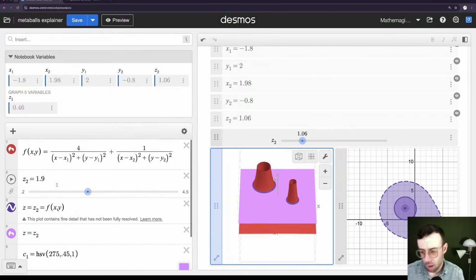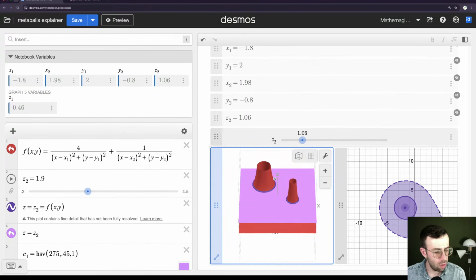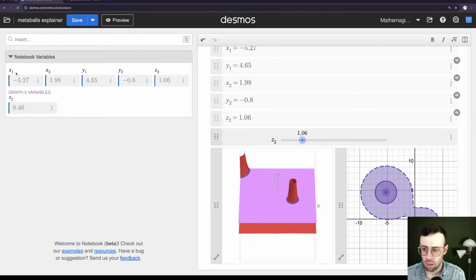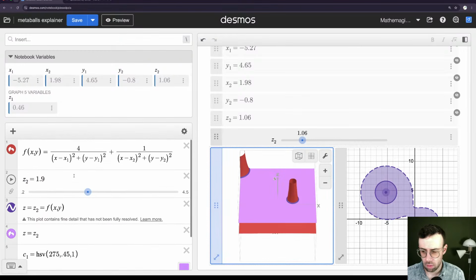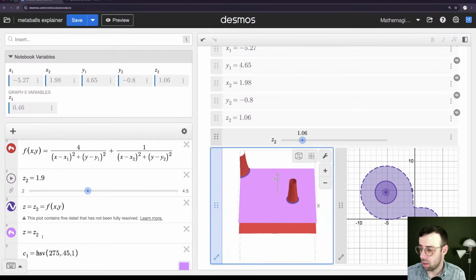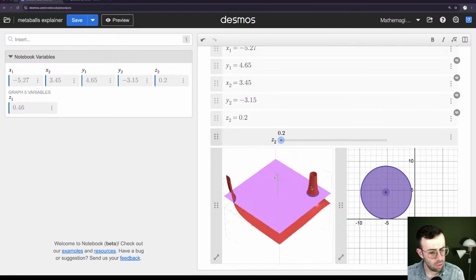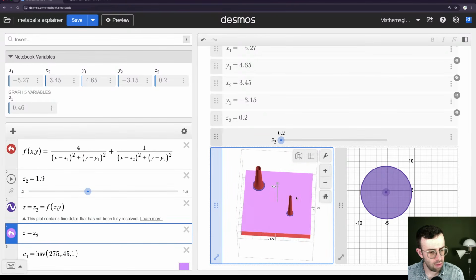Yeah, I don't know why I can't connect these two Z's. These are connected because we have a global notebook variable there. But Z2 is in there, but Z2 doesn't like the 3D graph.